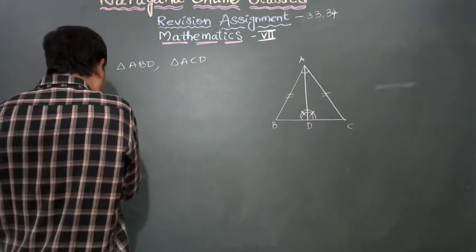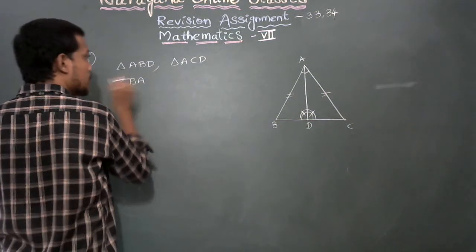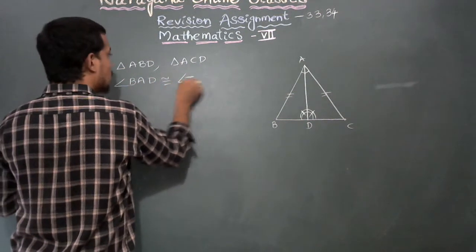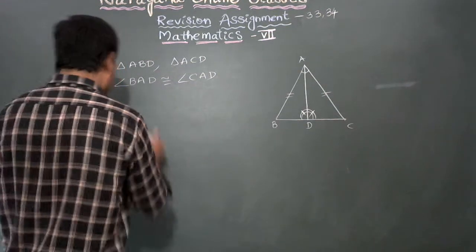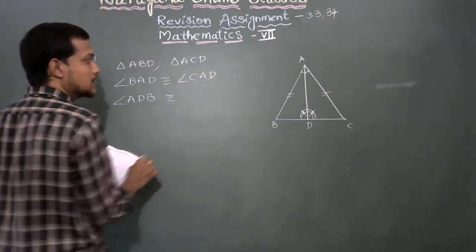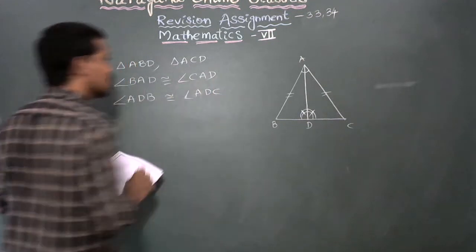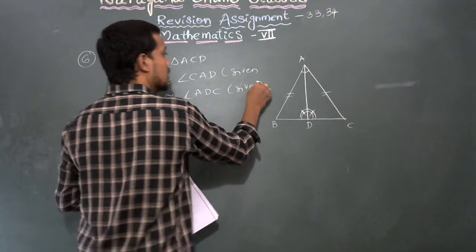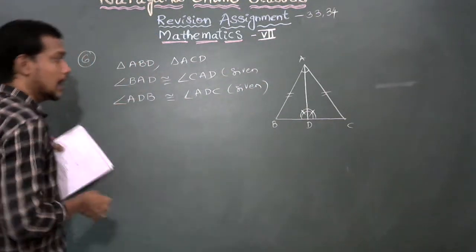Okay. Now in the question given, angle BAD is congruent to angle CAD. Okay. And next, angle ADB is congruent to angle ADC. Okay. So this is given in the question. Now what should we find? The common side.